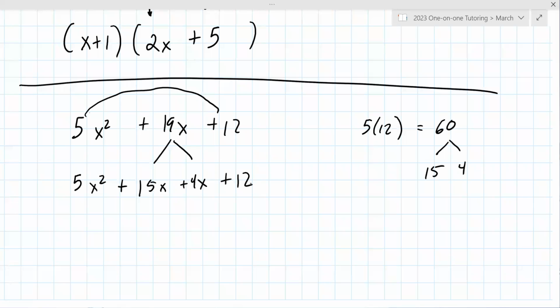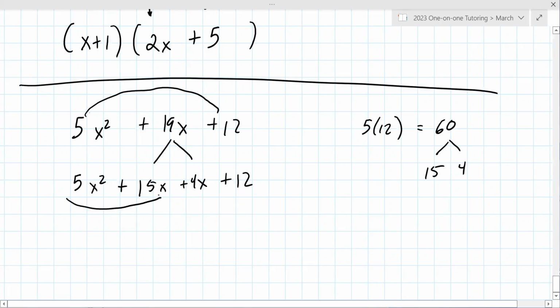And then you look at the first two terms, and see what's the GCF between them. So what goes into both? Yeah, 5, and then what's the smallest x term or exponent? 1. X. Yeah, so you're dividing each of those by 5x.